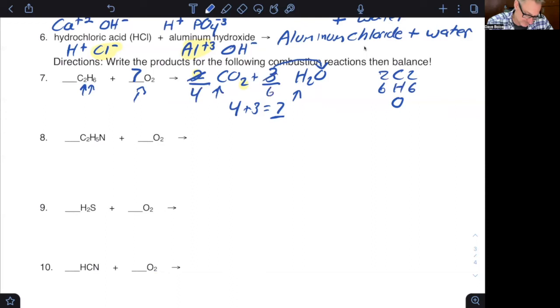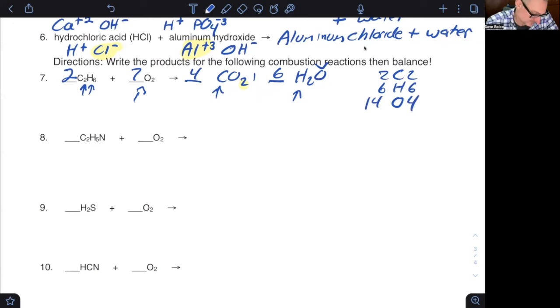This 3 becomes a 6. Let's go ahead and clean things up a little bit. And then the unspoken 1 here becomes a 2. Okay, so 2, 7, 4, 6. I'm not done yet. Let's just clean it up so it looks a little better. 2, 7, 4, 6. Okay. So that gives me 14 oxygens on both sides.